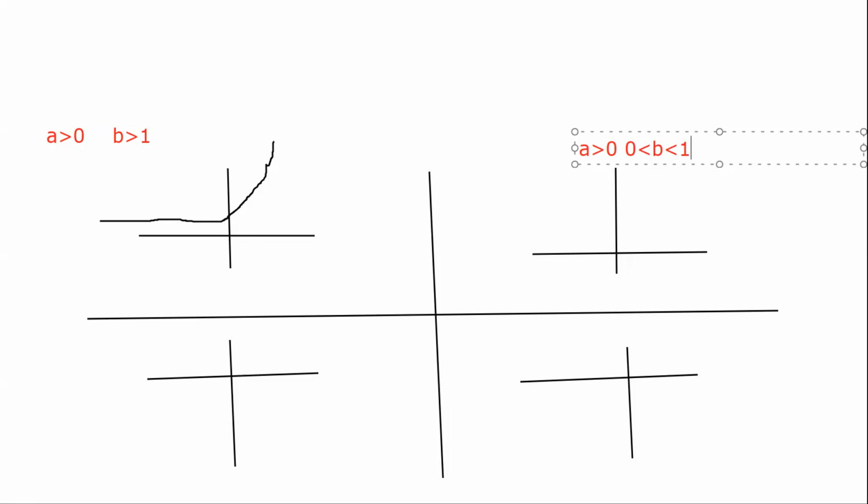We said before, b can never be negative, girls, but it can be either greater than 1 or less than 1, like 0.2, 0.3, 0.7, 1 over 2, 3 over 5. Since a is greater than 0, it's going to be in the positive side. Since b is from 0 to 1, it is going to be a decreasing function, and this was my shape, decreasing like this.